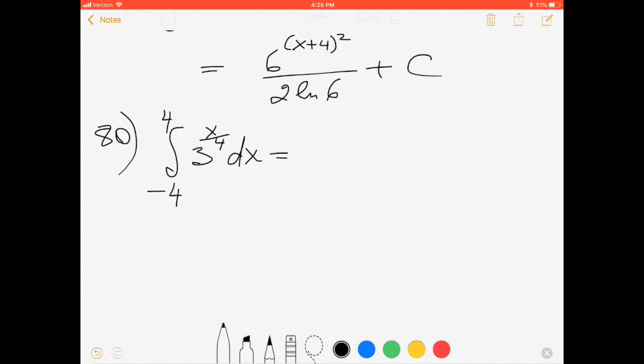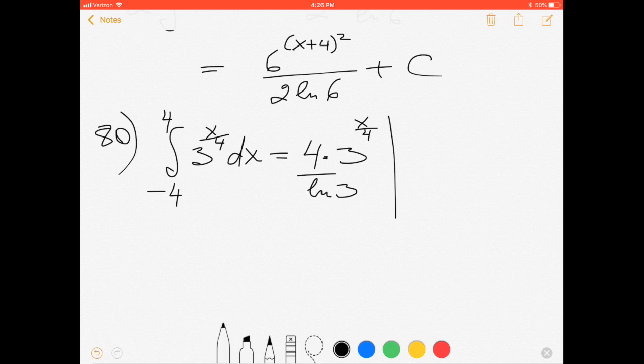Here we have a coefficient for x. This is a linear function of x, and we need to remember our theorem I showed you. This means 1 over this coefficient goes in front; 1 over 1/4 will be 4. Then we use our formula, so it will be the same, 3 to the x over 4, divided by ln 3.